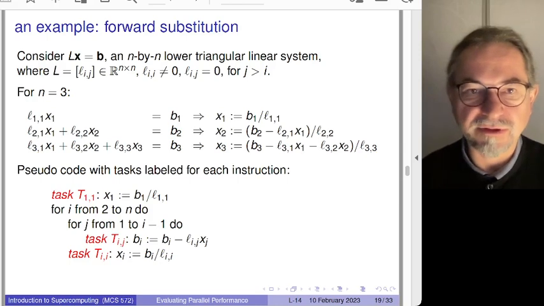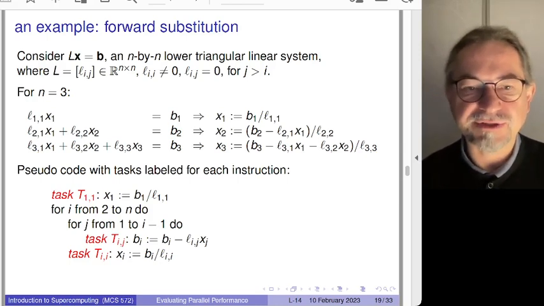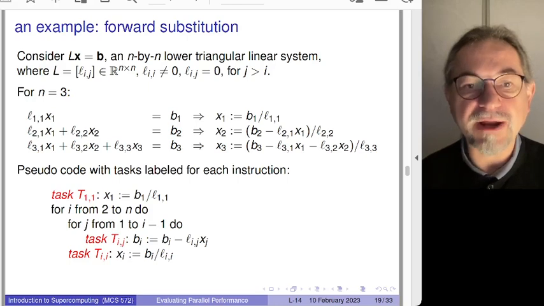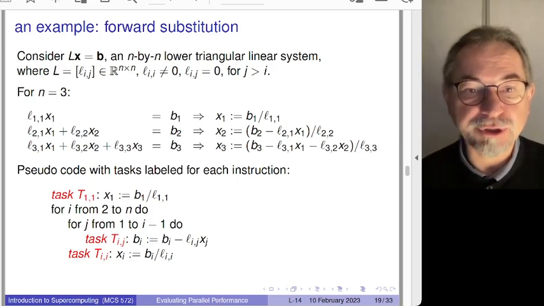This is one of the exercises in numerical analysis, the algorithm for the forward substitution. So for every arithmetical operation, we identify a task.